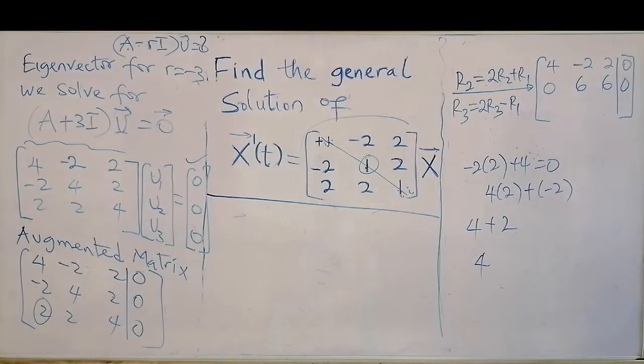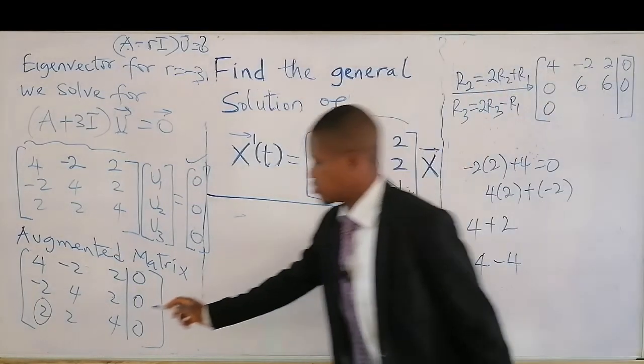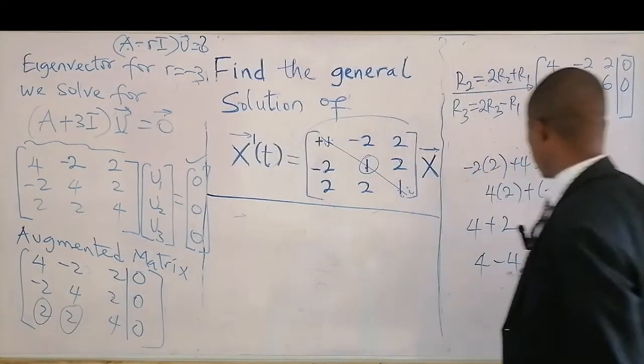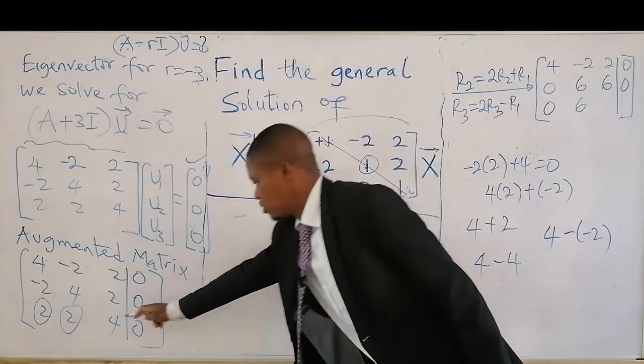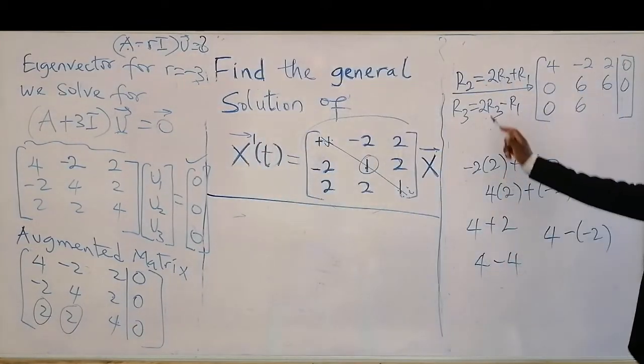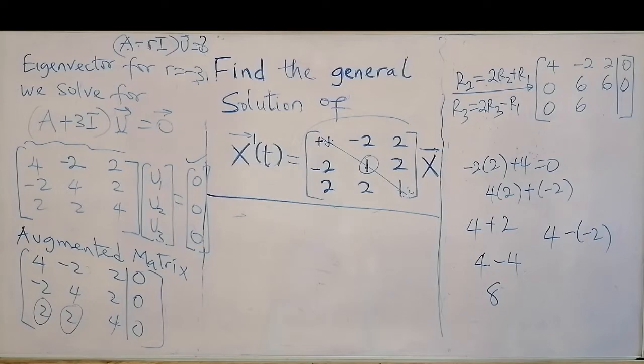So we have 4 minus 4, that's 0. Then the second element in the third row, times 2, that's 4. Then minus 2, that's 6 also. Then the last element there, 4, times 2, that's 8. Then minus 2, that's 6, that's 0 here.